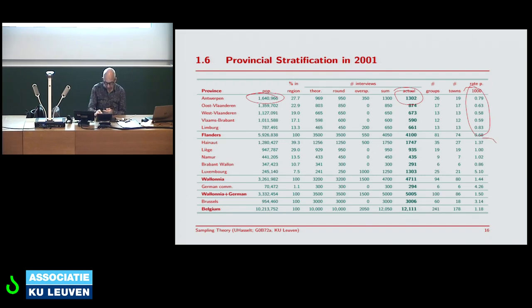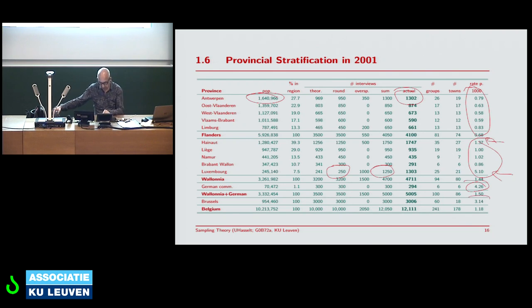In Wallonia, it kind of gently goes around 1, except in Hainaut, where there is a noticeable increase. But look at that. In Luxembourg, there is a terribly large increase because, yeah, if you go from 250 to 1,250, you multiply the sample size with 5, and that actually shows. The German community also is grossly oversampled because otherwise we would not be able to make meaningful statements about the German community.